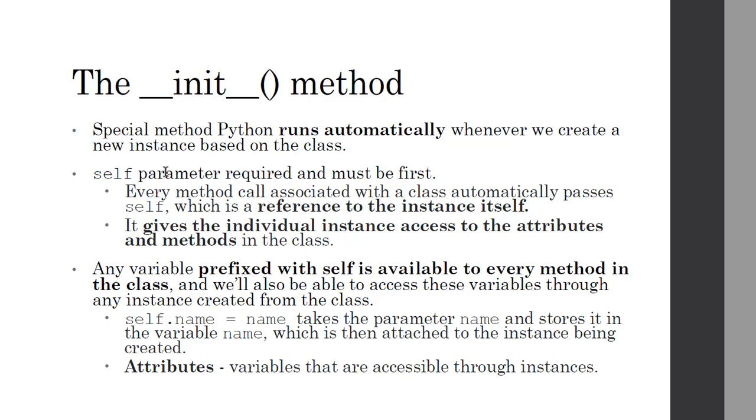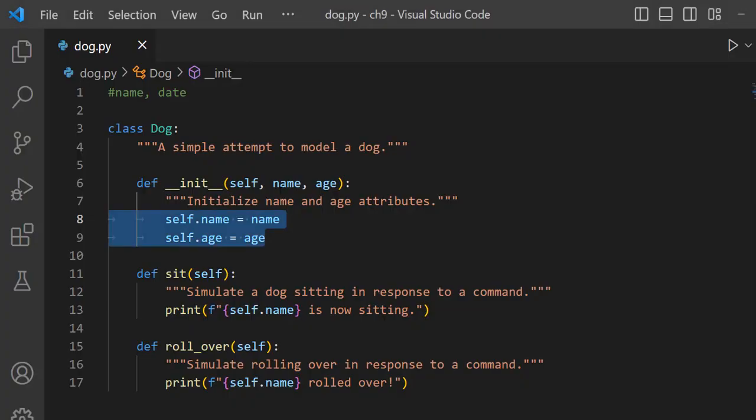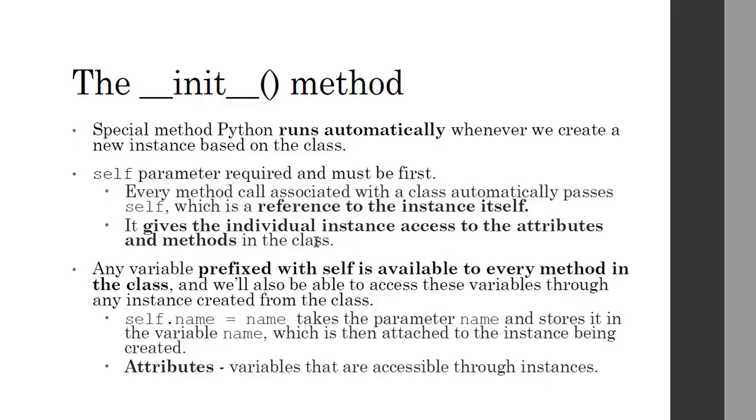The self parameter is required and must be first. So if we jump back, look here, we've got the self parameter is required and is first in the list. Now every method call associated with a class automatically passes self, which is a reference to the instance itself. So it's just a syntax that we must do. It gives the individual instance access to the attributes and methods in the class.